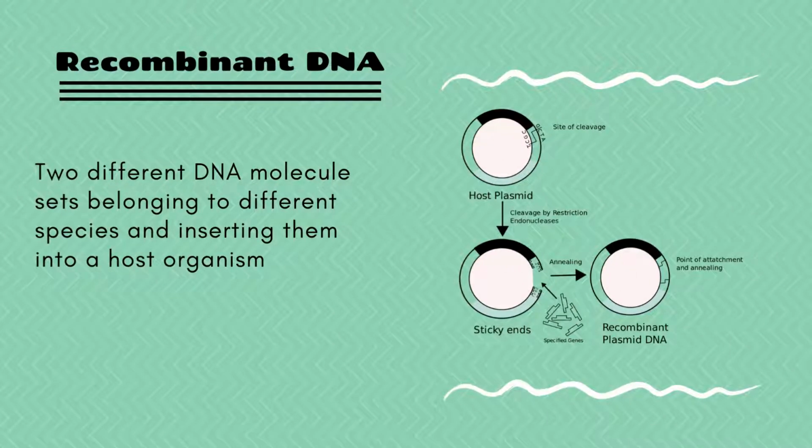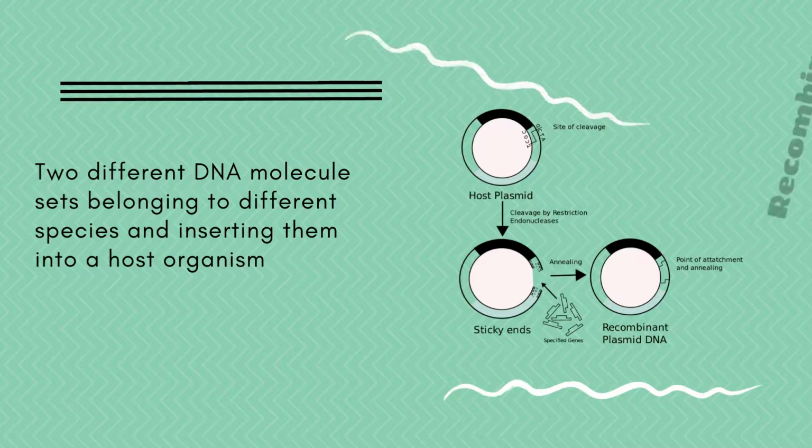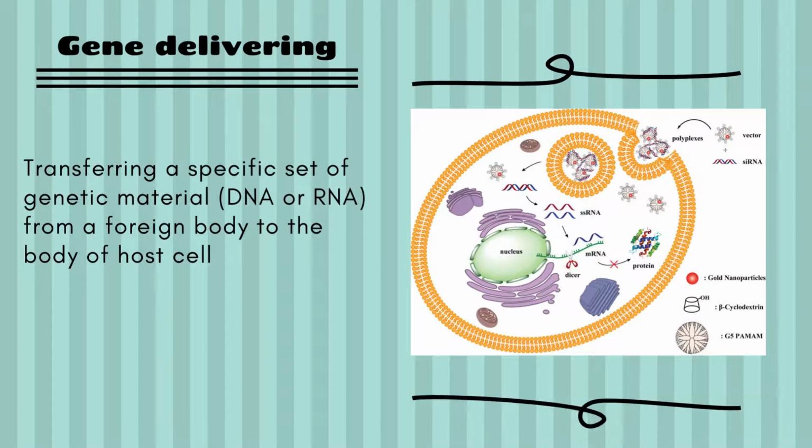Recombinant DNA. Recombinant DNA is the method of combining two different DNA molecule sets belonging to different species and inserting them into a host organism to achieve the desired genetic combination. Gene delivery.